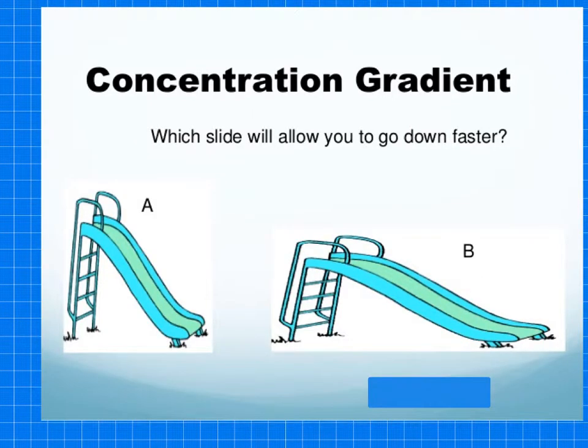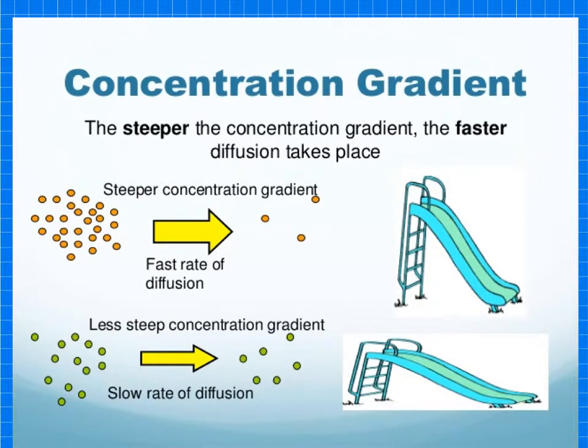Here's a question for you related to concentration gradient. Which slide will allow you to go down faster? It's not a trick question, but hopefully you've all said A, because that would be the correct answer. But how is that related to concentration gradient? Slide A has a steep gradient compared to slide B, which has a less steep gradient.